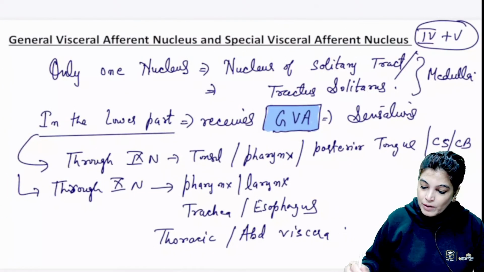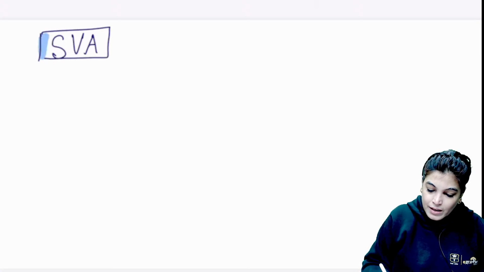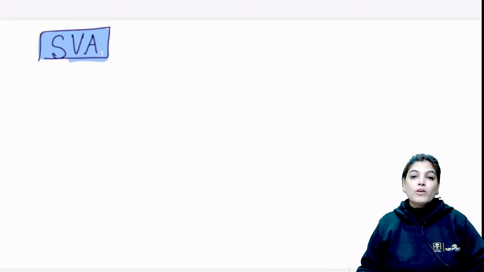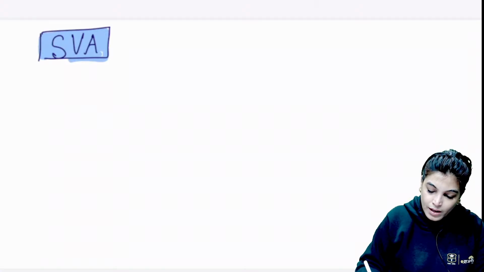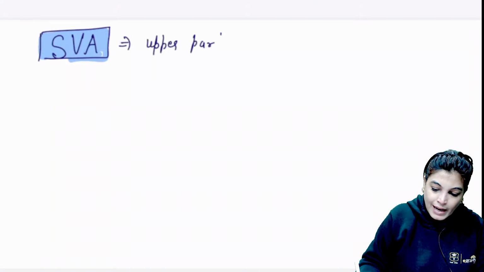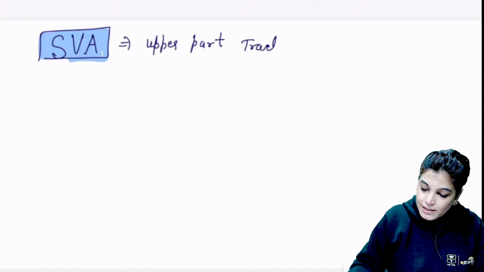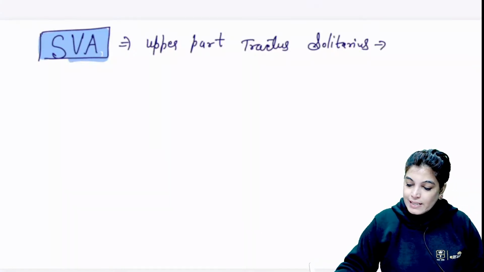Now talking about special visceral afferent. The second component is special visceral afferent, and the corresponding cranial nerve nucleus is also the tractus solitarius. Write down: the upper part of the tractus solitarius receives the sensation of taste.